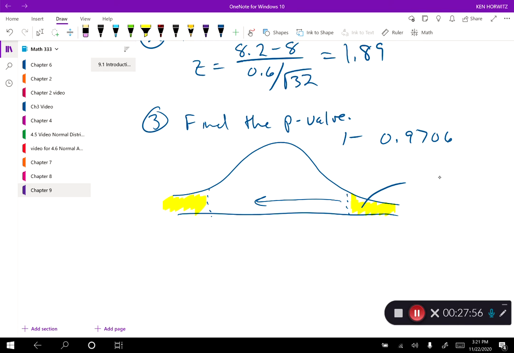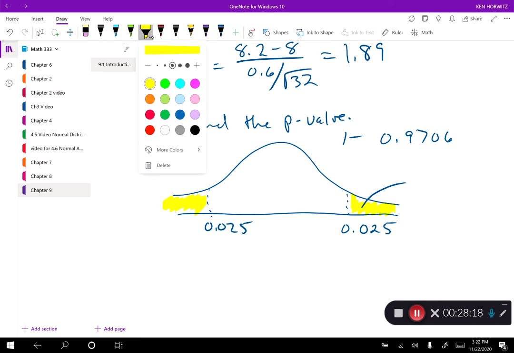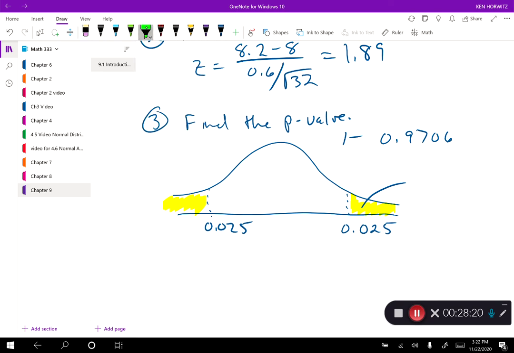I'm going to take my alpha and split it in half. Then I realize that my p-value area of 0.0294 is going to take me out here, outside my rejection region.